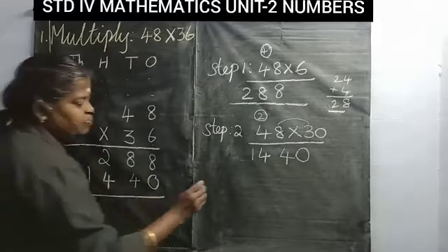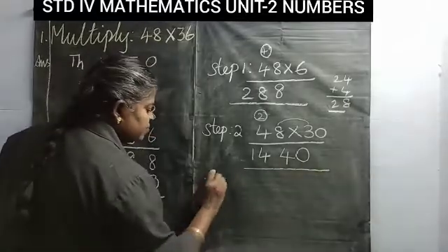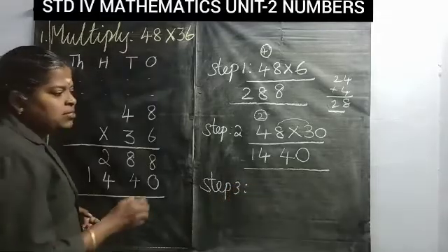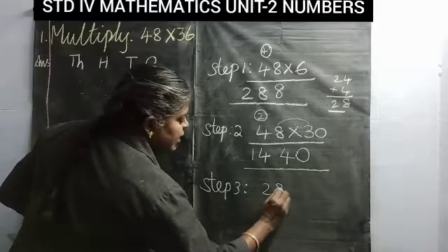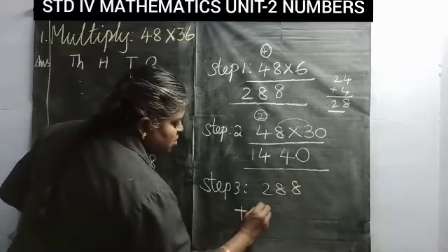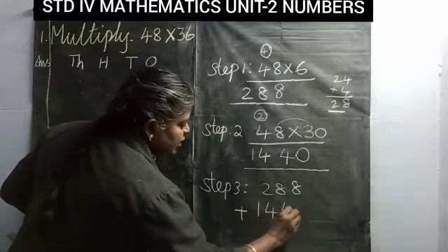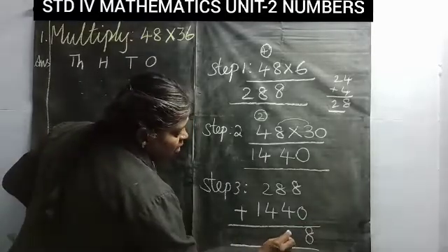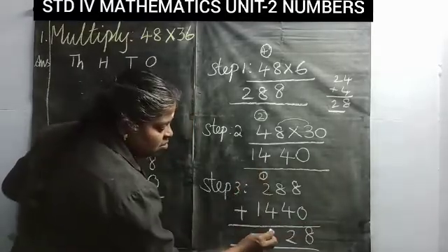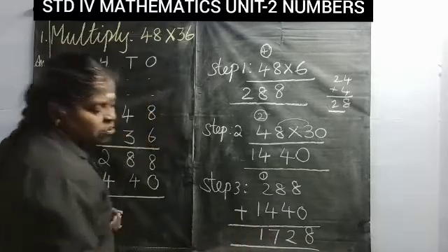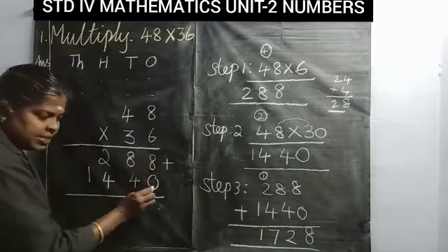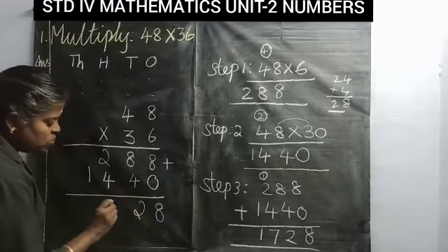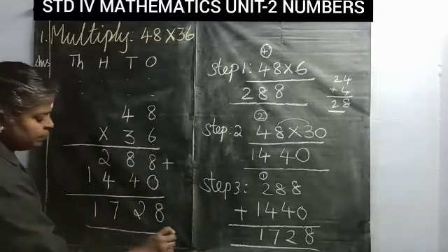Draw the line. Step 3. Add step 1 and step 2. 288 plus 1440. 8, 2, 7, 1.